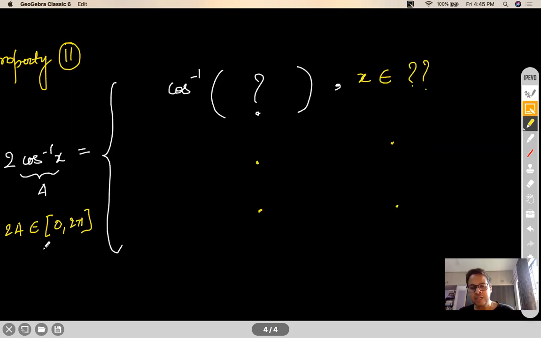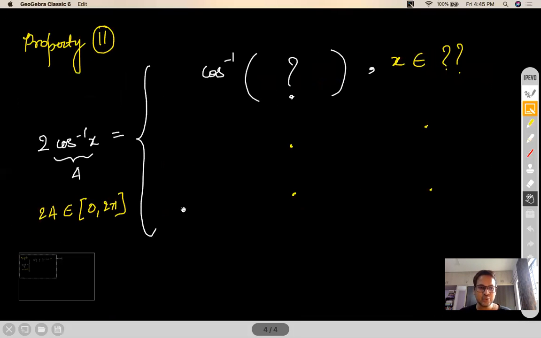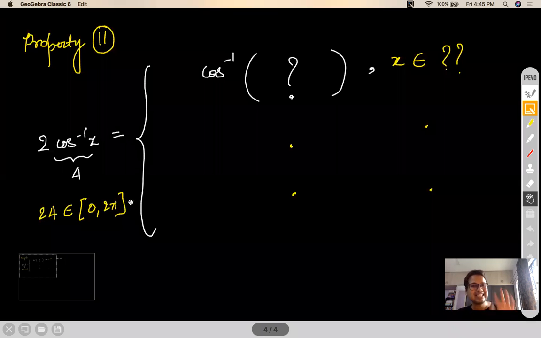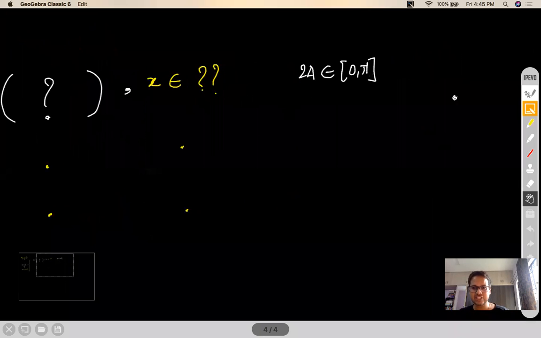Now the first answer that you have got is basically where your 2A is between, so forget about the answer here. I'm first interested in my interval. So this is an interval where 2A is between 0 to pi, right? And since the interval is 0 to 2 pi, that means pi to 2 pi is still left, which I will probably cover in the next part. First, let us finish this off.